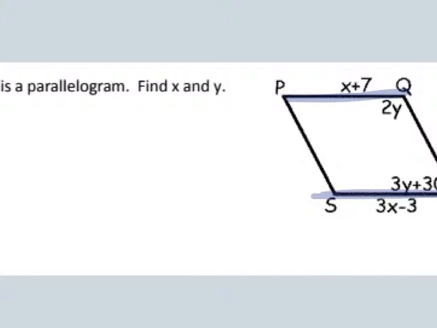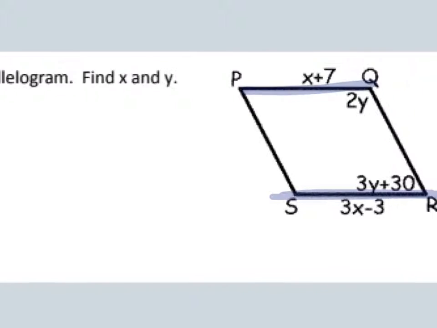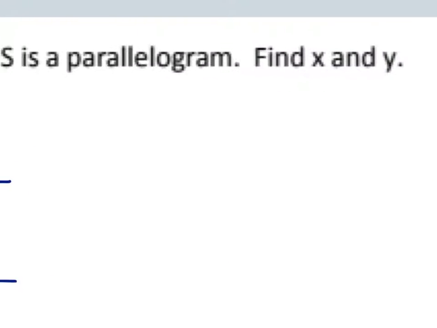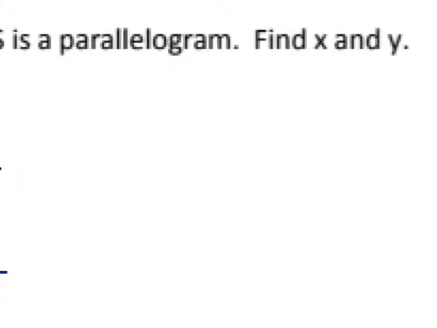Okay, and ladies and gentlemen, look at your Y's. What do we notice about those two Y values? They have to add up to 180. Okay, so I know that 2Y plus 1, right?